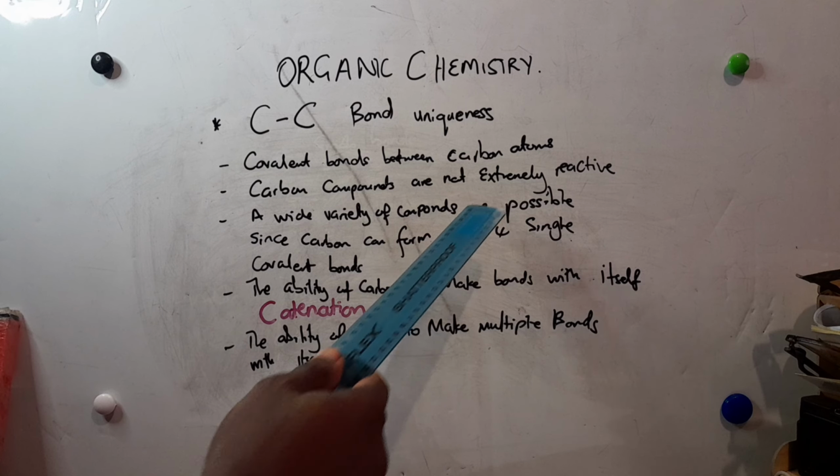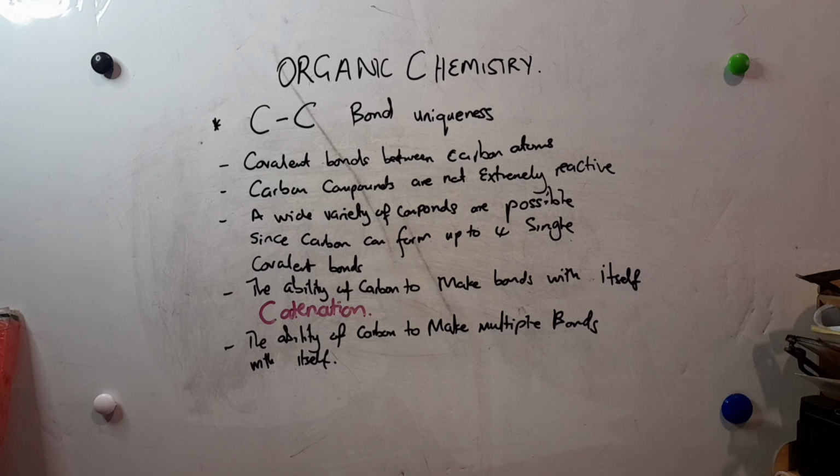This makes organic compounds very unique, right? Carbon compounds are not extremely reactive. Obviously, if they are not extremely reactive, it means that they are a bit stronger, and they can stay for a long time without changing the way they are, right? And a wide variety of compounds are possible, since carbon can form up to 4 single covalent bonds.